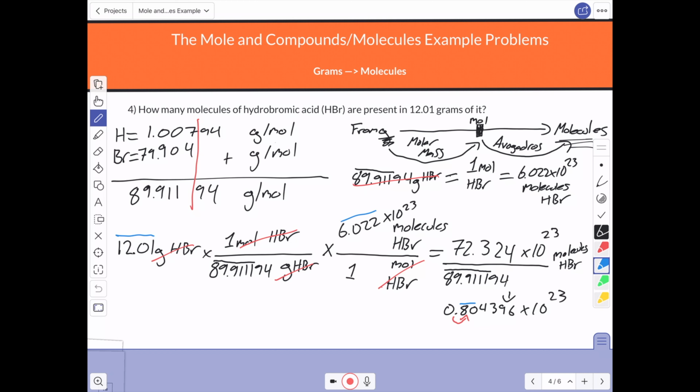So that's 1, 2, 3, 4. We're going to round up. So if we go to the right, we're going to reduce to 22. So our final answer, I'm going to bring it over here, will be 8.044 times 10 to the 22 molecules of HBr.